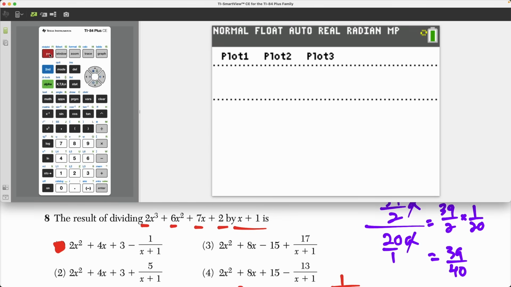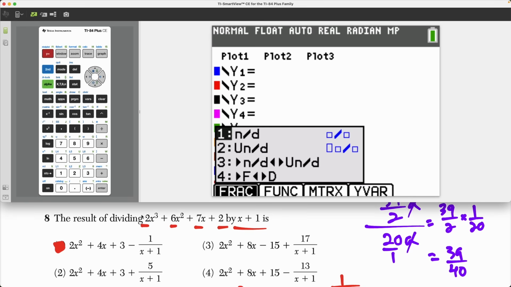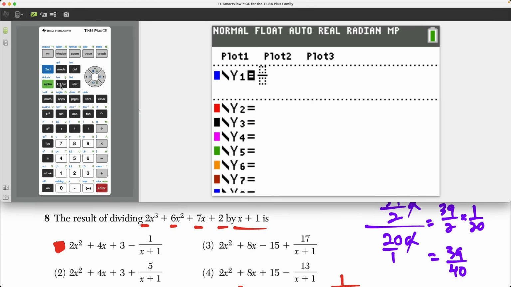But just know this Regents is 3 hours long, so you have time to do these questions in the calculator. So when you're dividing polynomials, I would strongly advise you press alpha y equals enter, or alpha x if you could get to the fraction shortcut faster, and actually type this out. So we have 2x to the power 3, and then plus 6x to the second power, plus 7x, plus 2, and we're dividing this by x plus 1.